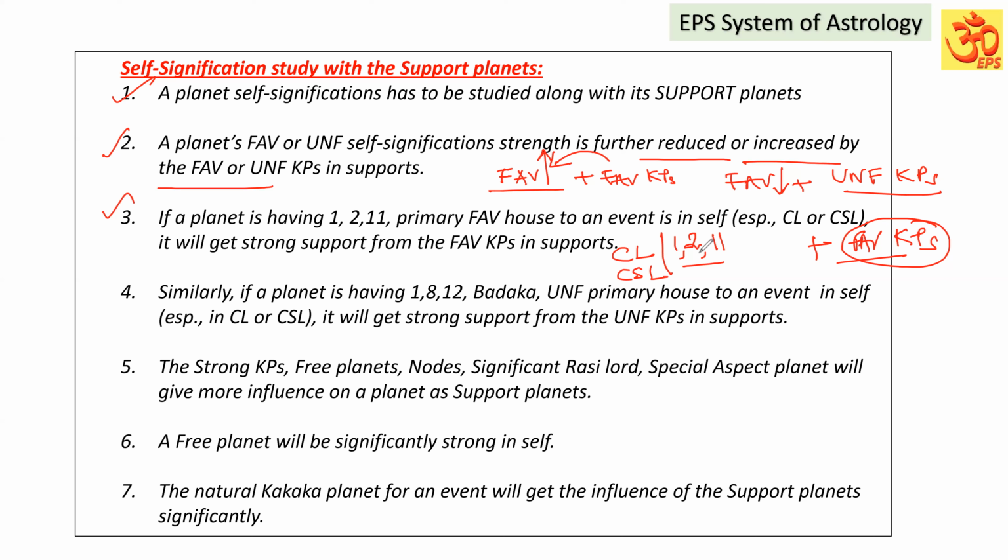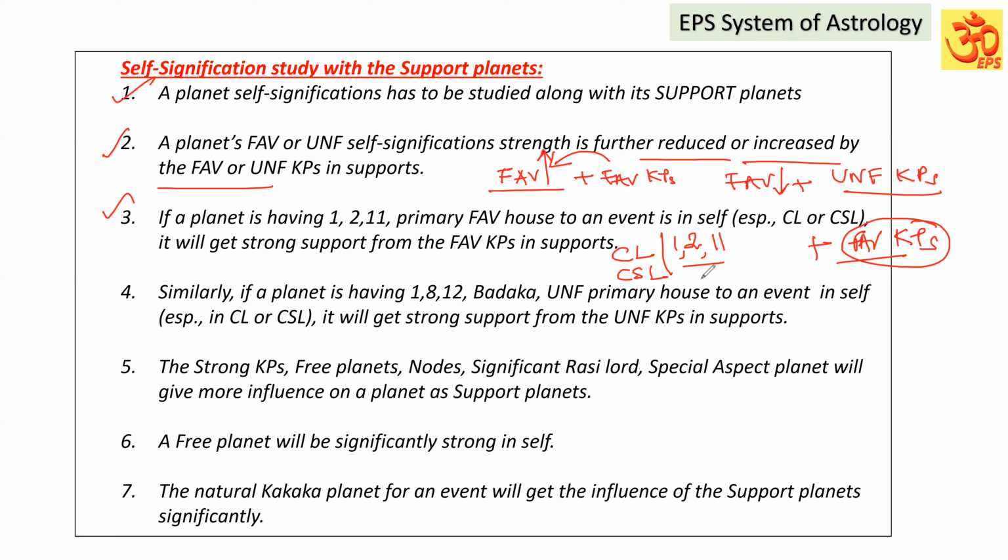Because that planet owns the favorable important houses in self-signification, the source or result will easily get support from the other planets.